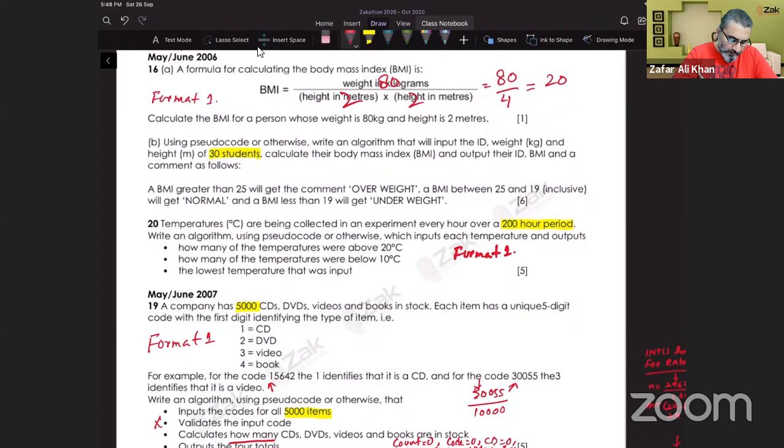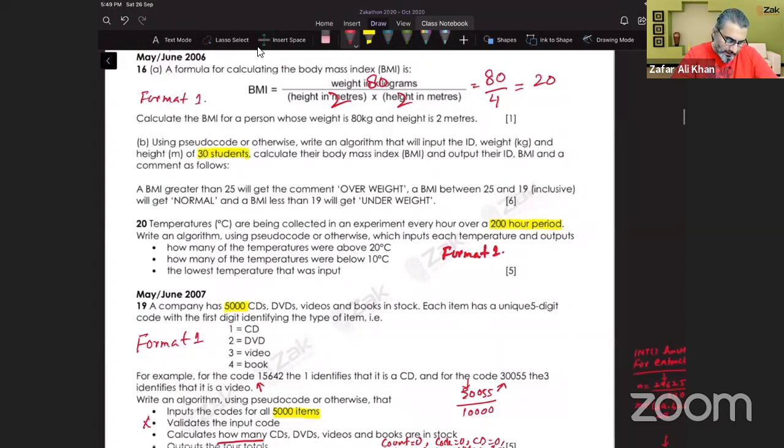Using pseudocode or otherwise, write an algorithm that will input ID, weight, and height. This we have already discussed, that whenever we solve questions, we do not pay any heed to the units. Here you may see two units, kg and meters, and we are not going to pay any attention to it.